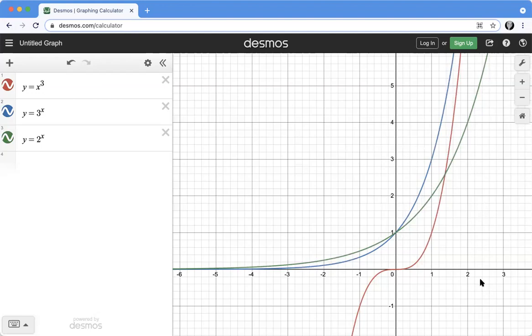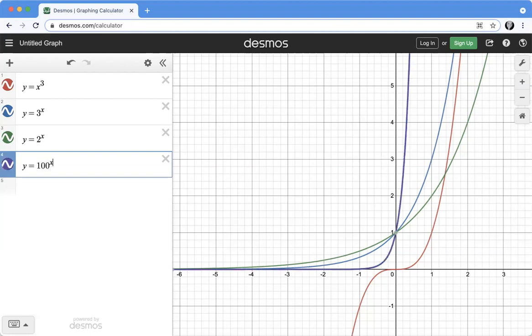This is the great thing about Desmos. And I know not everyone thinks that it's necessarily fun to play with a graphing calculator, but it is a really excellent way to get comfortable with a lot of graphs, because you could just say, well, what happens if I plug in, I don't know, y equals 100 to the x power?